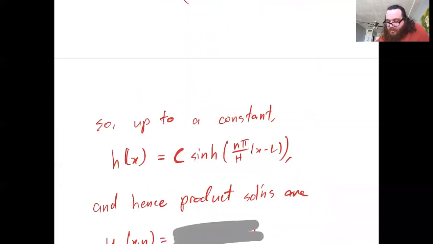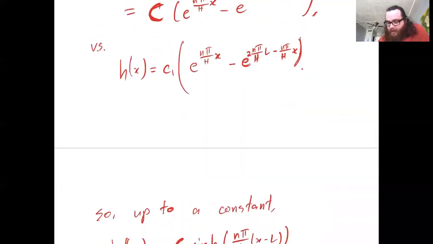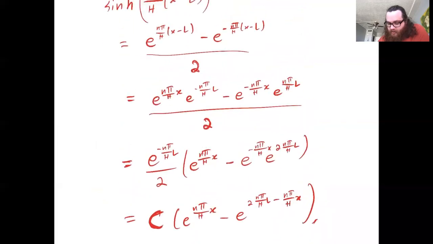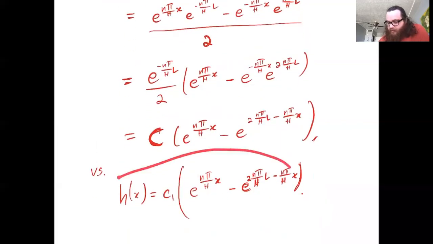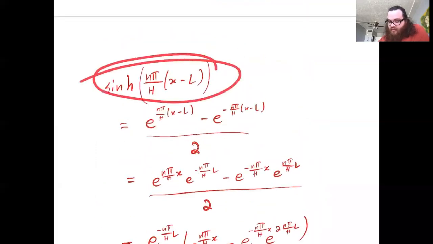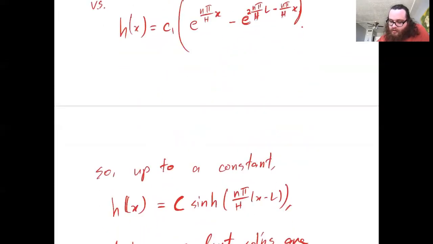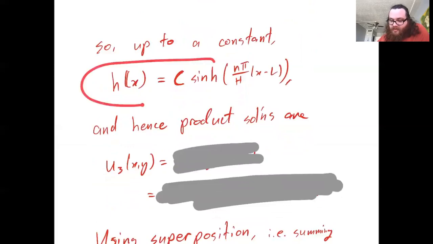So up to a constant, h of x is essentially sinh of n pi over h times x minus l, which you get by comparing this expression to this expression. So that's one way to see that h of x is equal to that.